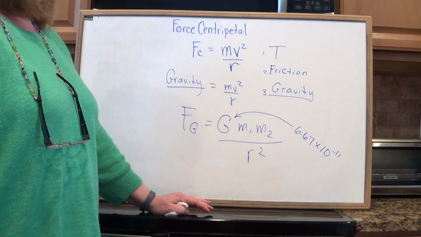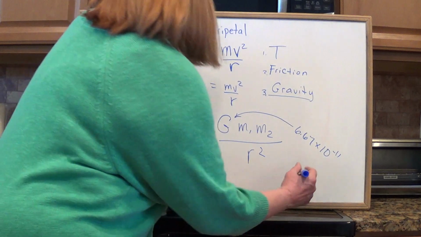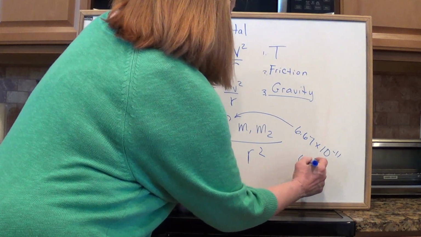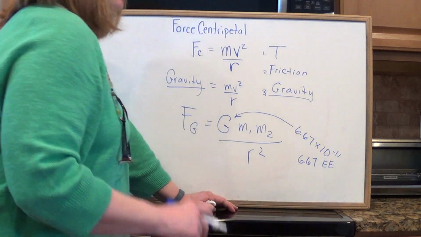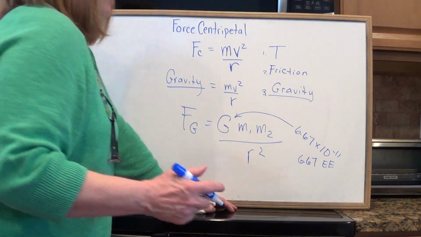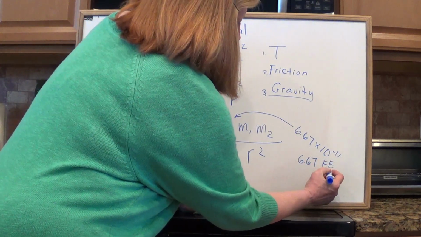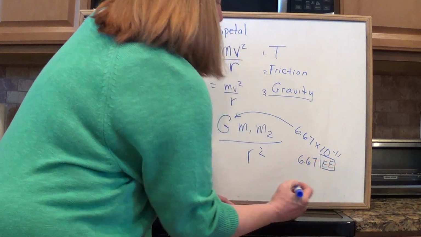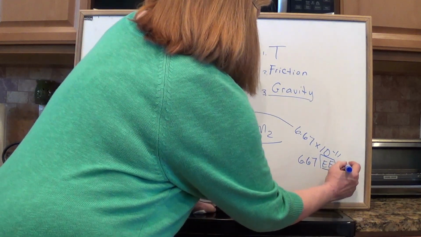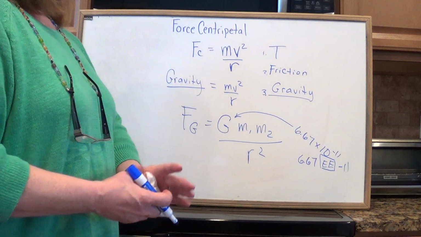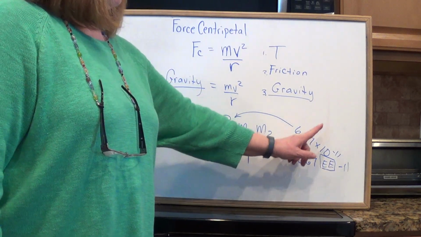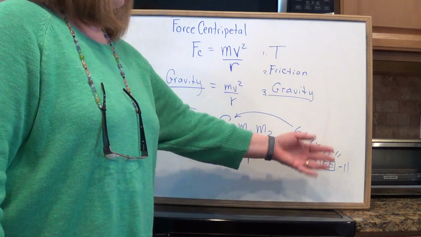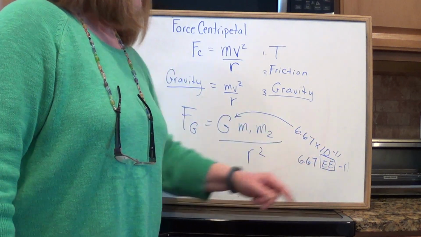It saves several keystrokes. So what you do is you put in 6.67 EE, and that is a second function above something. So look around your calculator and find it, EE. And then all you have to type in is -11. So when the calculator sees EE, it knows you're saying times 10 to the something, and then you tell it the something.